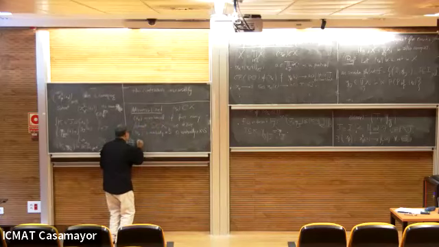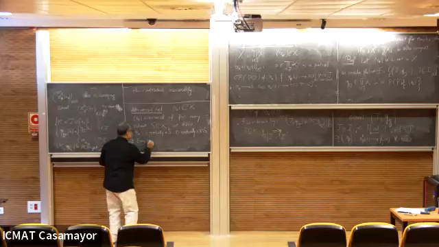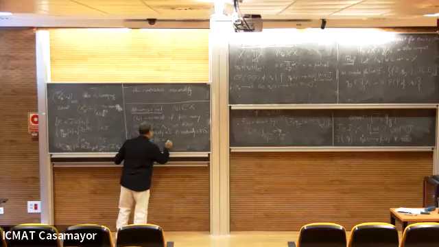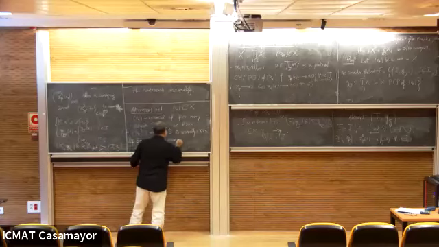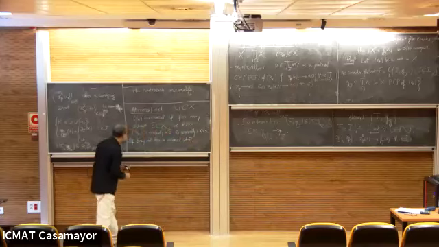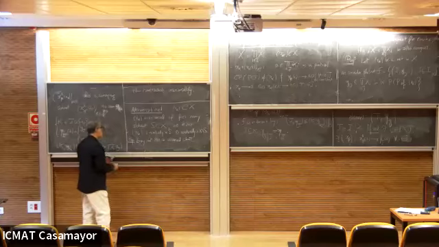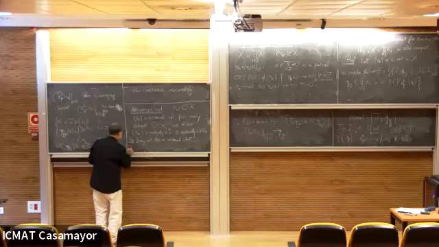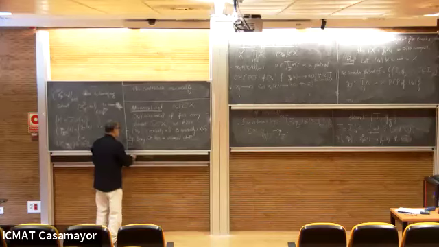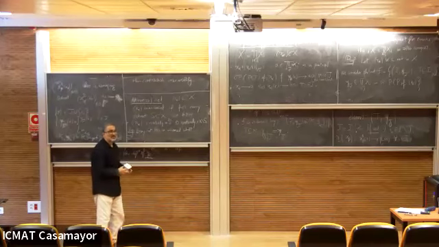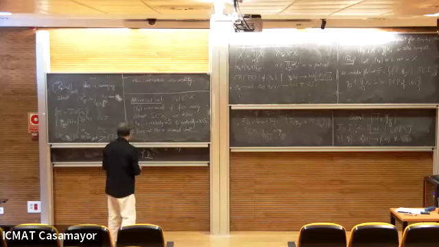So every net has a universal subnet. And then we have a theorem: X is compact if and only if every universal subnet is convergent.